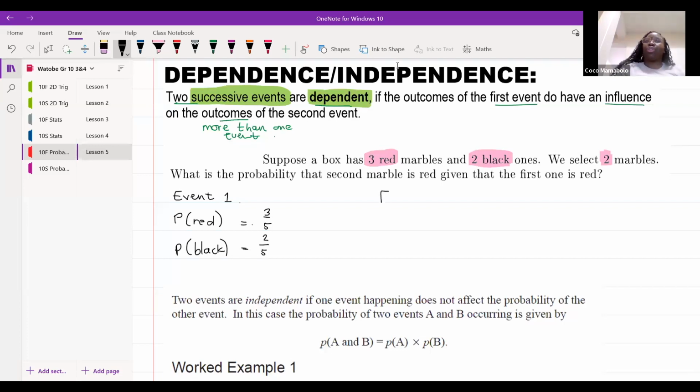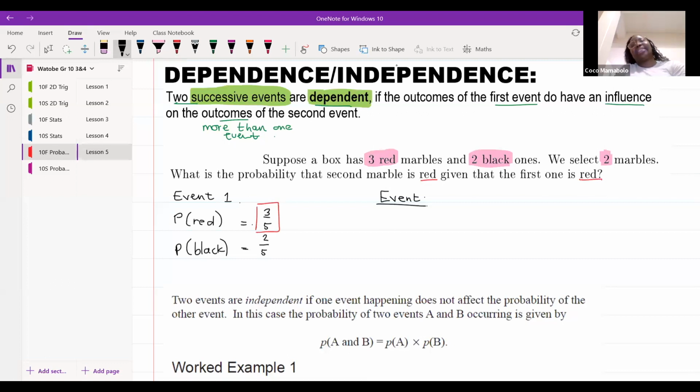Now, let's look at event 2. If we look at event 2, they say, what is the probability that the second marble is red, given that the first one is also red? So we need to consider the probability of that one.